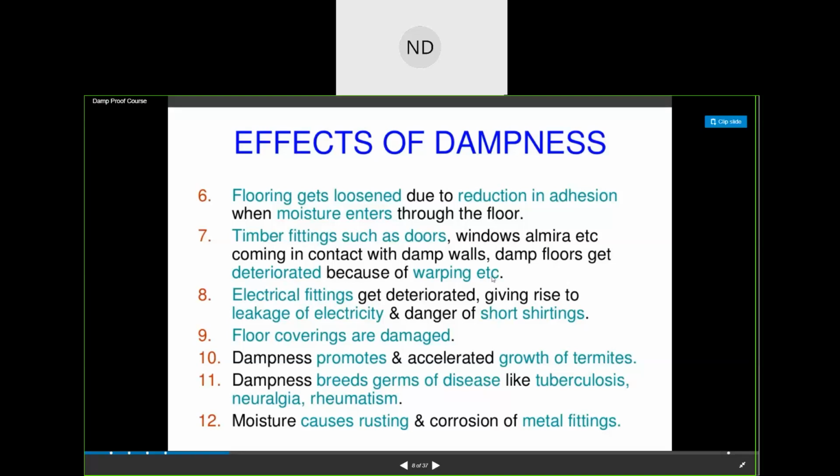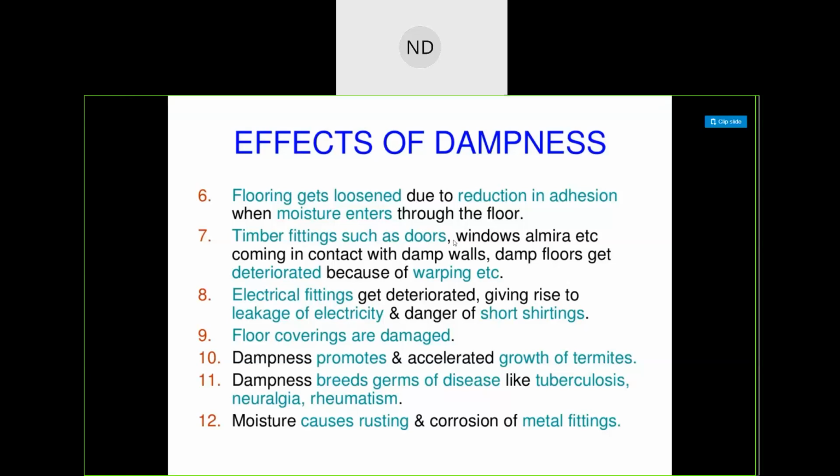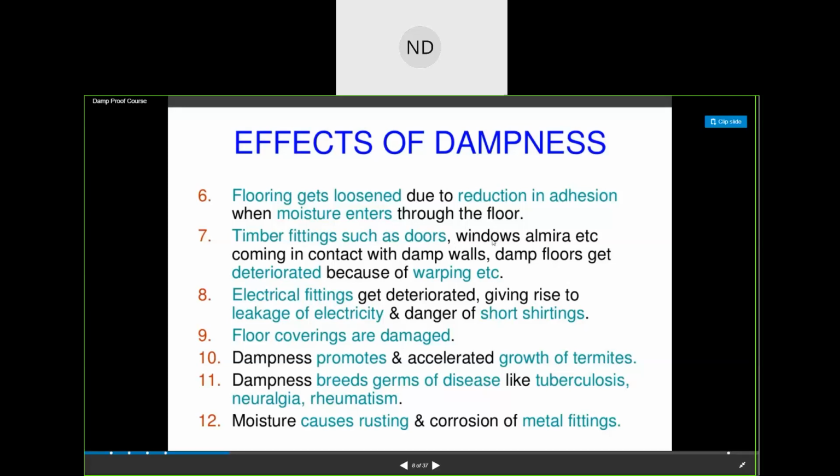Nowadays almirahs are built into the wall itself. So if your wall is damp, the windows and doors connected to it, since they are made of timber, will suffer warping, and attack by worms will also take place.